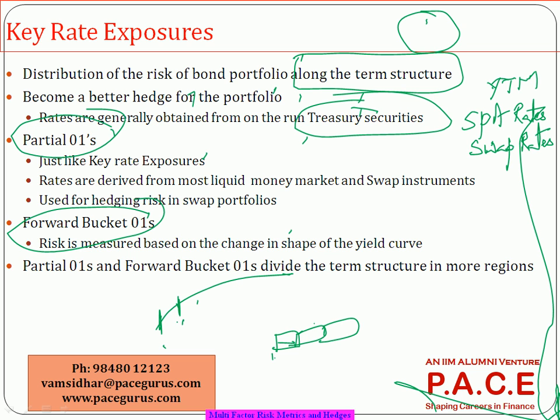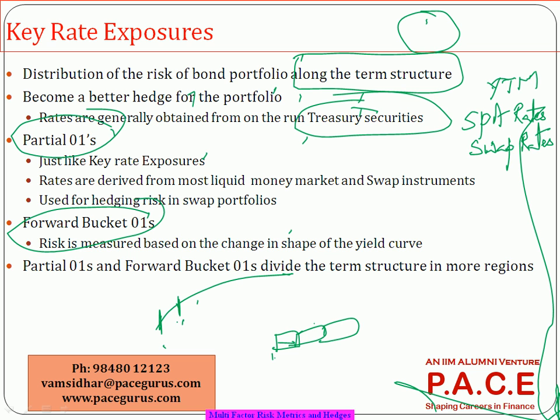And that forward rate curve, when I am using it, I am calling that kind of exposure forward bucket 01 for the entire maturities between 1 and 2 years.